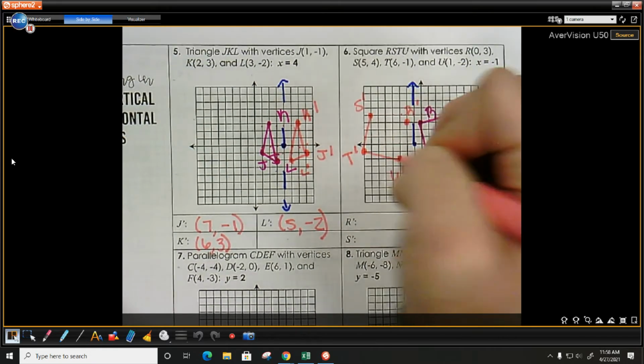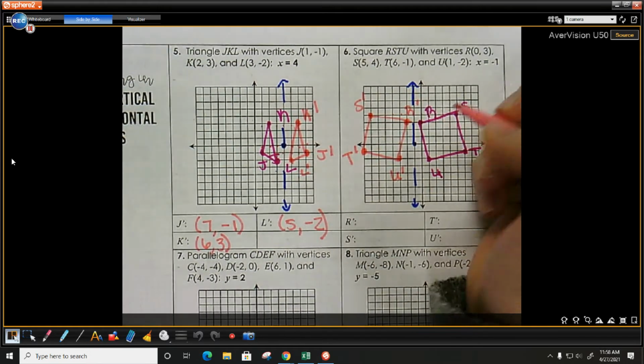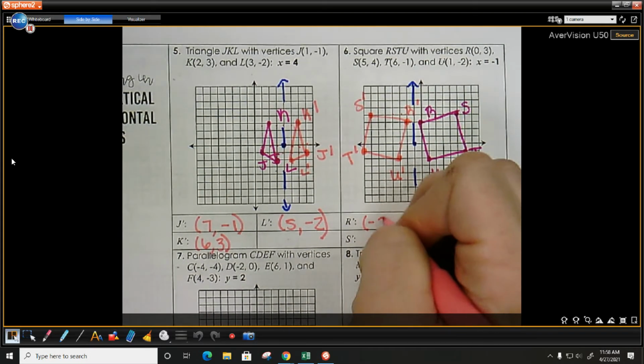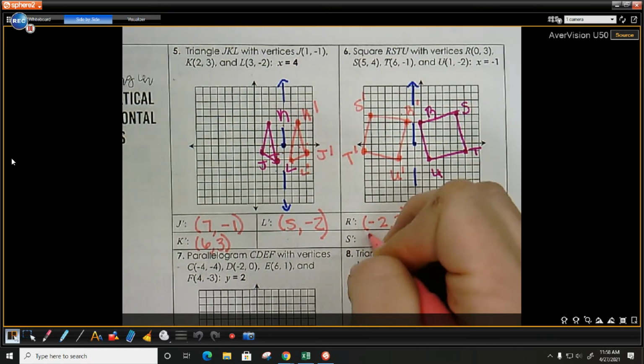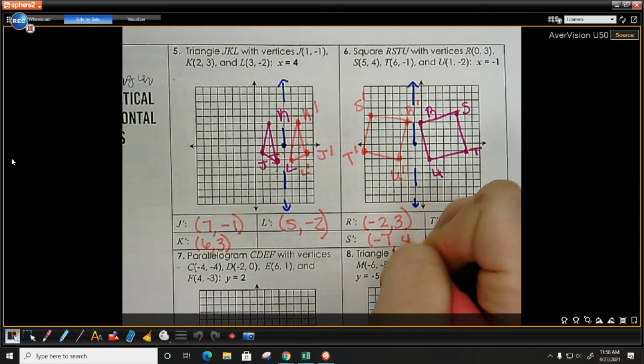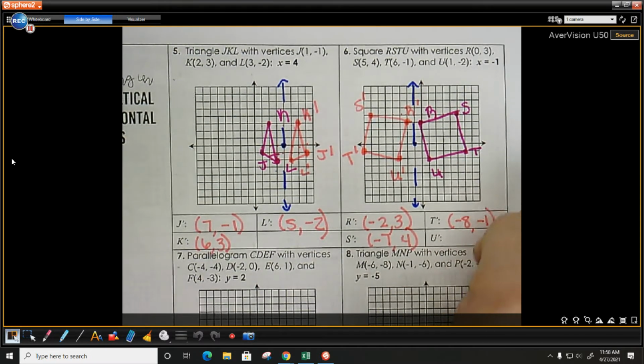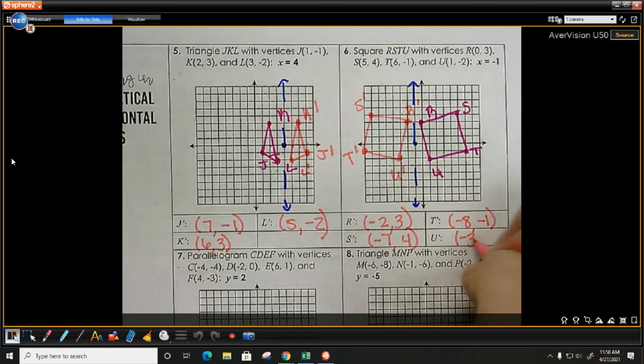So then when we write our ordered pairs, R is now at negative 2, 3. S is at negative 7, 4. T is at negative 8, negative 1. And U is at negative 3, negative 2.